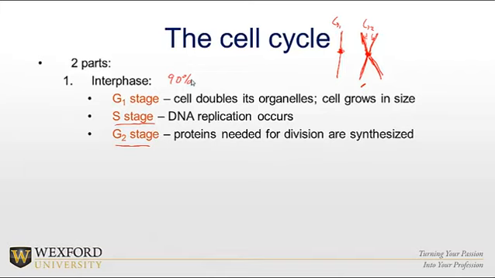It'll replicate its DNA during this S stage, and its DNA will go from looking more or less like this here to the typical X, what we look like over here. All right? And once again, 90% of the time.